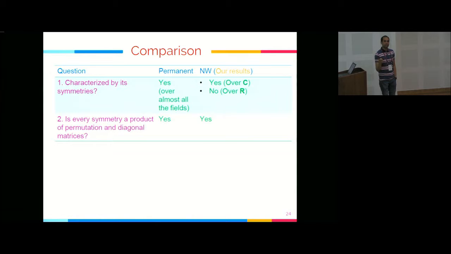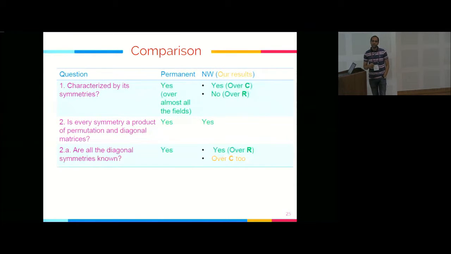The next question is related to the structure of the group of symmetries. So we basically ask whether the generators of this group are permutation matrices and diagonal matrices. It is known for the permanent that the answer is yes, and we show for the design polynomial that these are indeed the generators. But in this case, the permutation matrices have some special structures, which I'll tell you later.